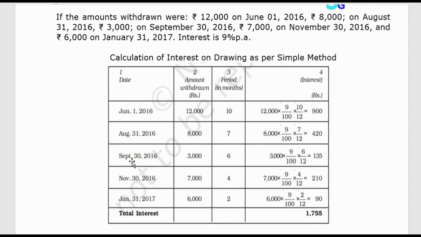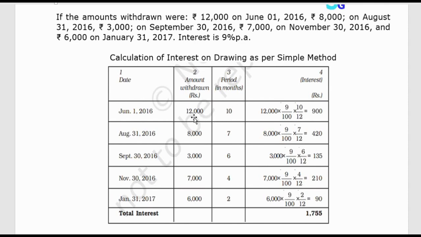Next, it is September 30th, and if you count from September 30th to 31st March, you will get 6 months. And November 30th, you will get 4 months, and January 31st, 2017, from that you will get 2 months. So we have got the time period in months.